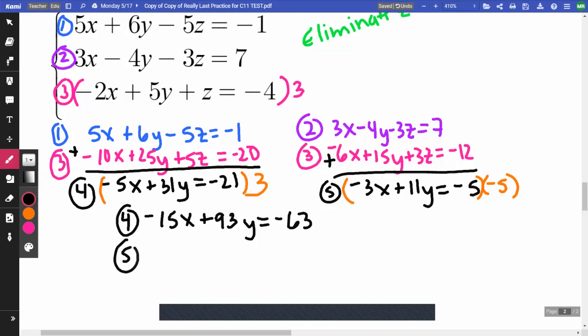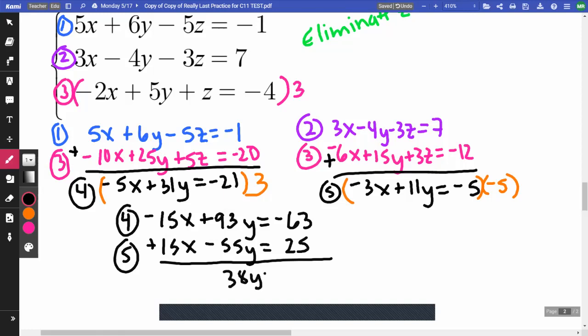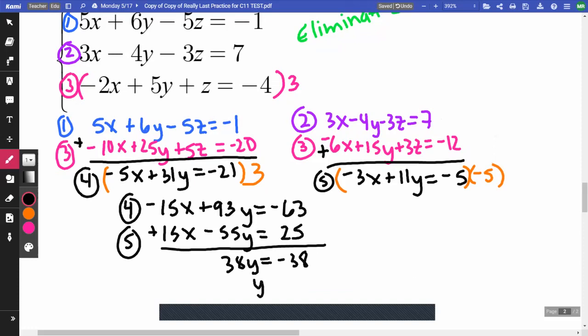I apologize here. My new equation 5 is going to be a positive 15x minus 55y is equal to a positive 25. When I add that, my x's disappear, and I end up with a 38y is equal to a negative 38. So as ugly as it looked, I got a nice answer. Y is equal to negative 1.